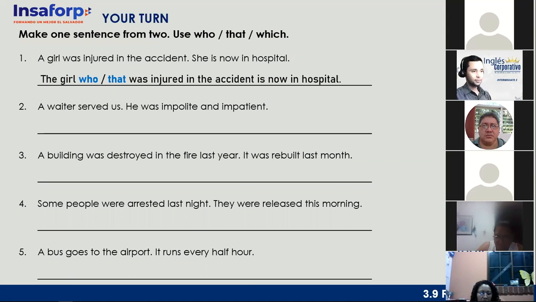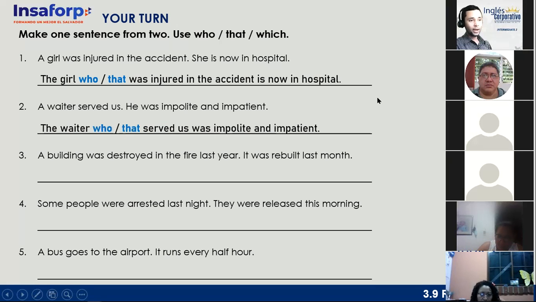Sandra. The waiter who served us was impolite and impatient. Okay, good. You can also say the waiter that served us was impolite and impatient. Okay, good. Thank you very much.